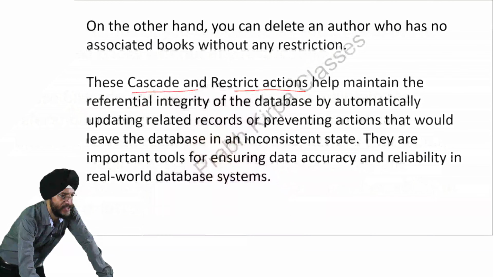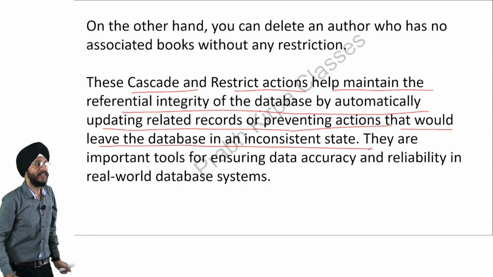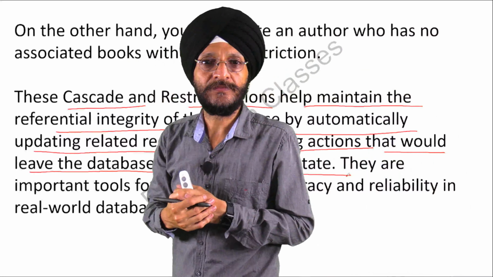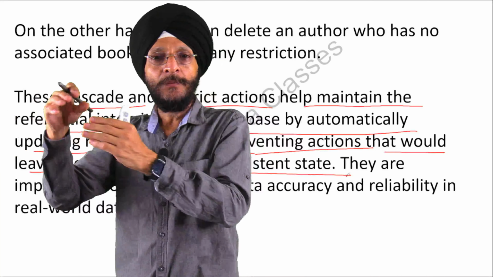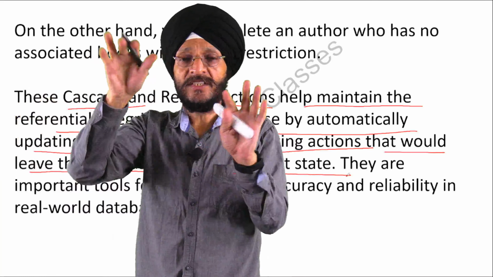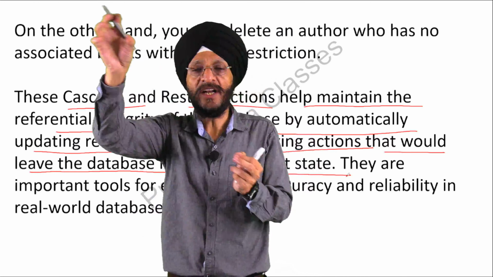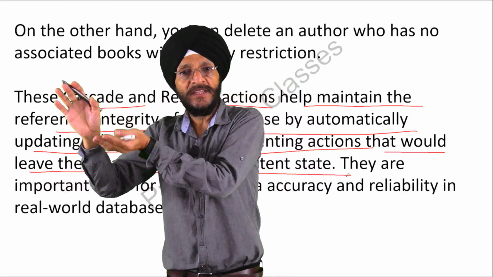These cascade and restrict actions help maintain the referential integrity of the database by automatically updating related records or preventing actions that would leave the database in an inconsistent state. It means that if the system allows you to delete the name of the author, then what will happen? Author ID will appear in the books table, but the system will not show who is the author, because the author ID has been deleted, but its related books are still existing in the books table.